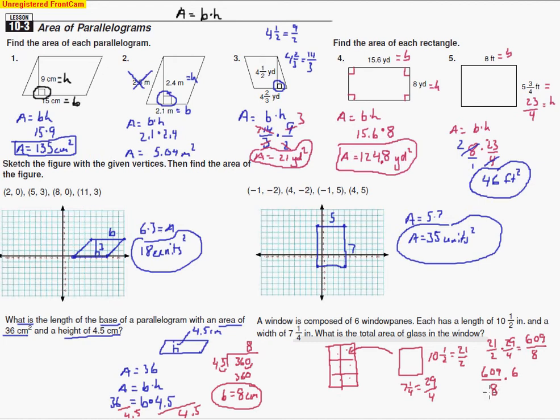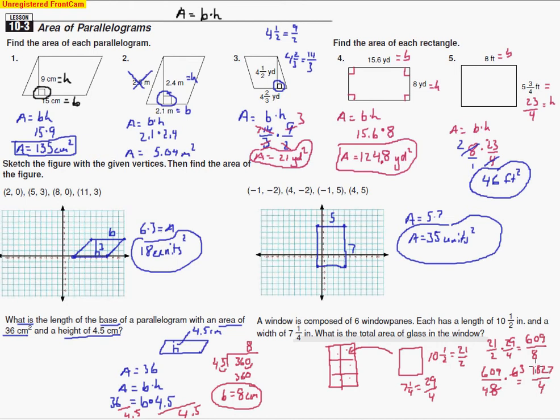Well, I can do a little reducing now. See, 6 and 8 both have a common factor of 2, so I can change this to a 3 and this to a 4. Then multiply across, so 609 times 3 gives me 1827. So all I have to do now is divide.